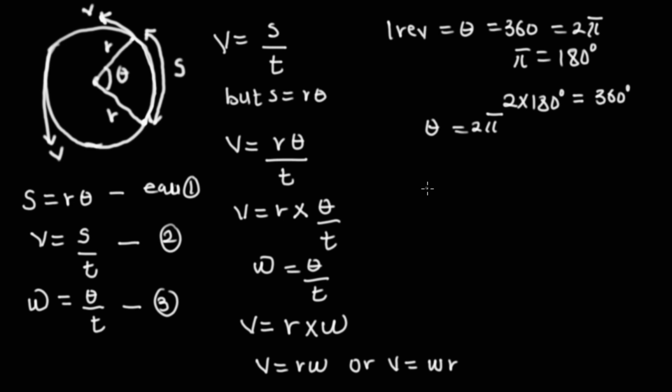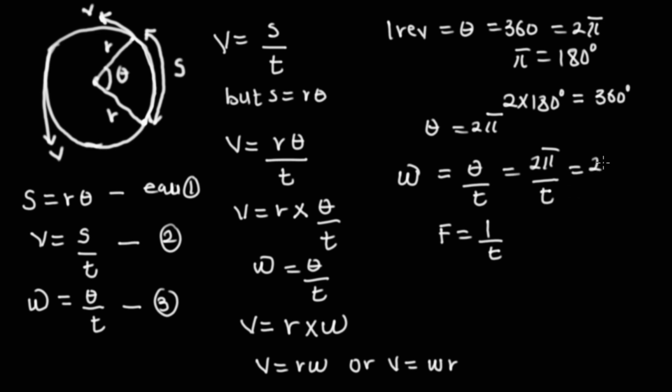Now, when we have w, angular speed, equal to theta over t, I can replace theta with 2 pi, so 2 pi over t. Remember, f is equal to 1 over t. So I can rewrite this as 2 pi multiplied by 1 over t.